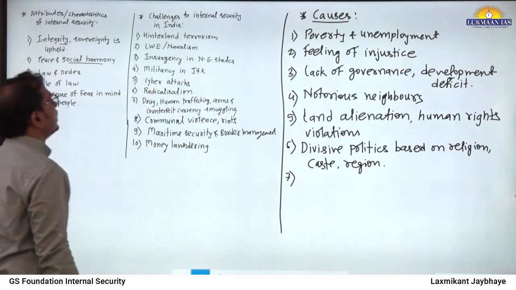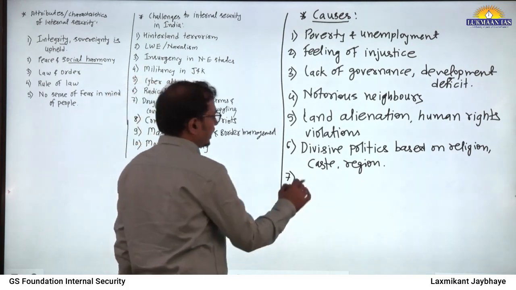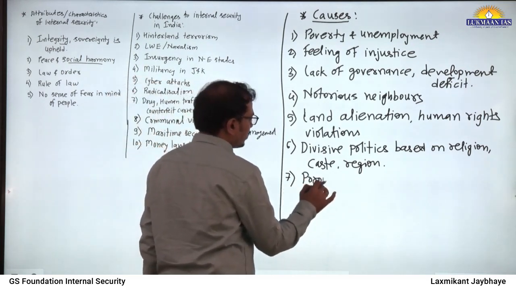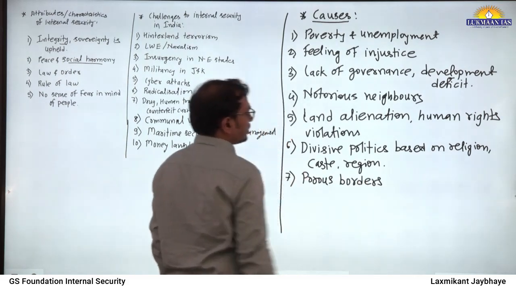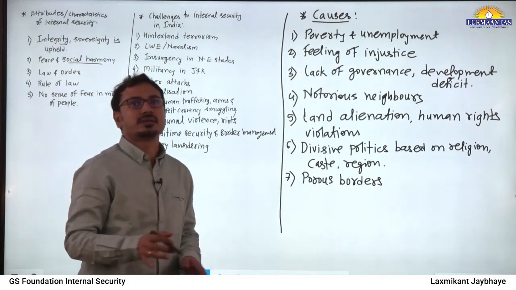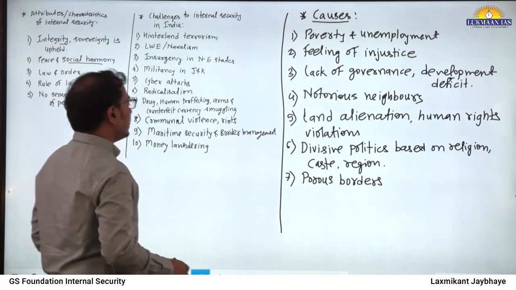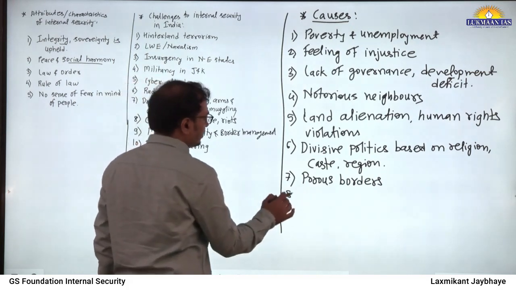Now you write about this one also, porous borders for trans-border crimes. Porous borders is one of the reasons, and that's why we need effective border management.